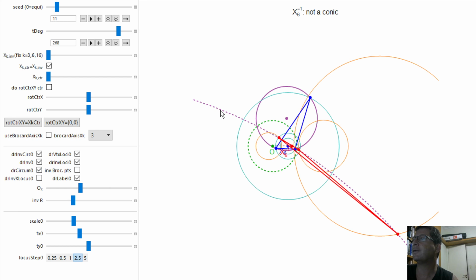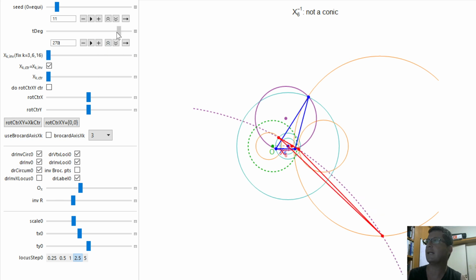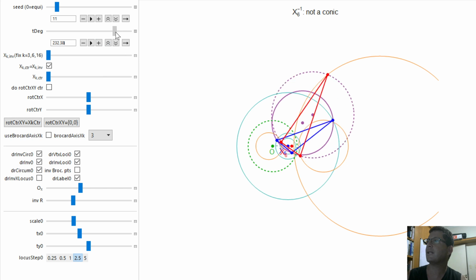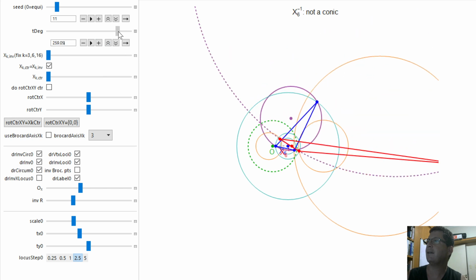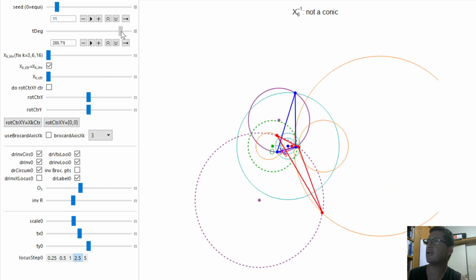That's fine. The circumcircle of the red triangle is represented here by this dashed purple arc of a circle. If I go back a little bit, you can see that the circumcircle was in this position, and in the inversion, it switches over to the other position.